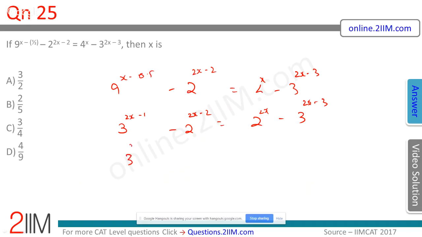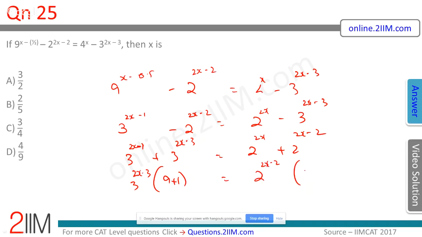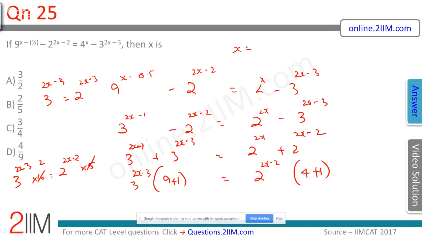Bring this side. 3 power 2x minus 1 plus 3 power 2x minus 3 equals 2 power 2x plus 2 power 2x minus 2. 3 power 2x minus 3 into 9 plus 1 equals 2 power 2x minus 2 into 4 plus 1. 3 power 2x minus 3 into 10 equals 2 power 2x minus 2 into 5. 3 power 2x minus 3 equals 2 power 2x minus 3. Wonderful. Or 2x minus 3 is 0, x equals 3 by 2.